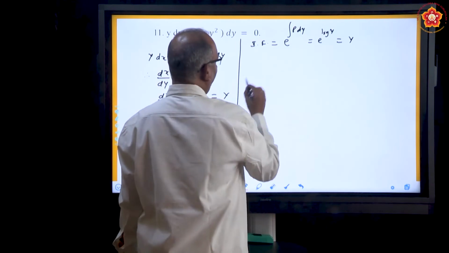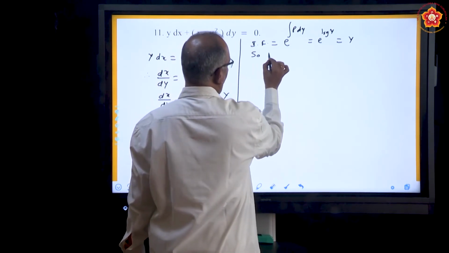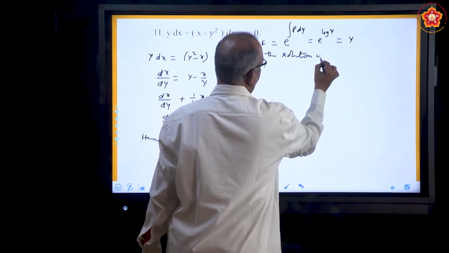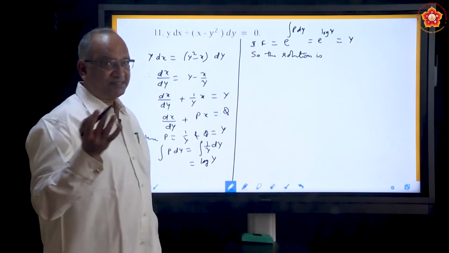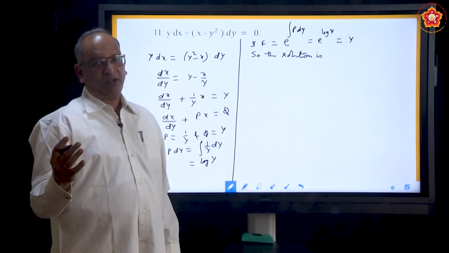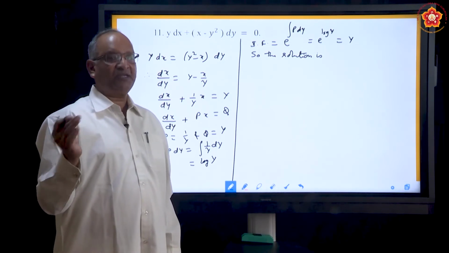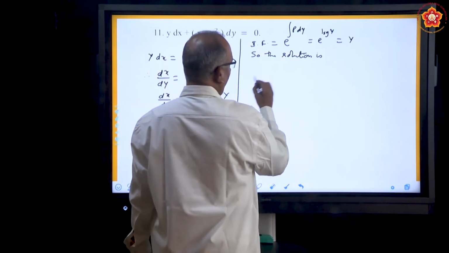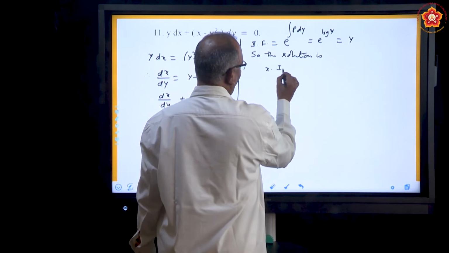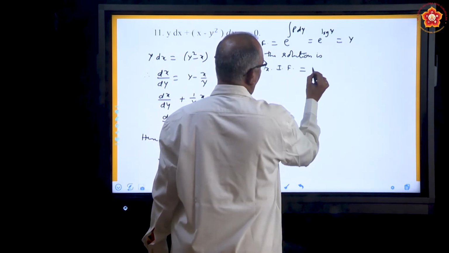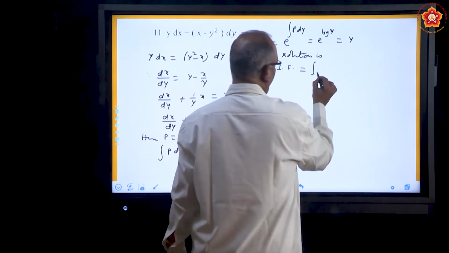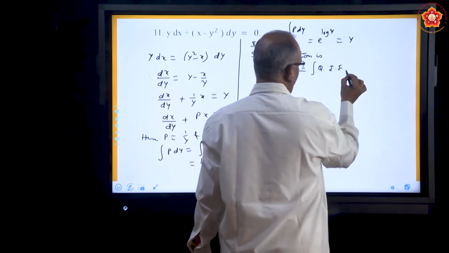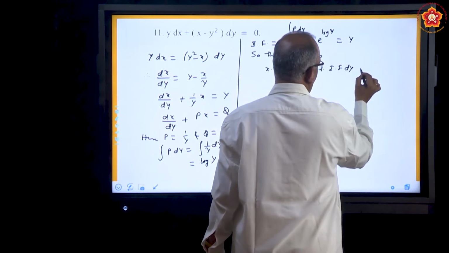If it is so, write the solution. So, the solution is, remember this is the second type, not the first type. If it is the first type, the solution was y into integration factor. Now, it is x into integration factor equal to integral of q into integration factor dy, not dx, plus c.